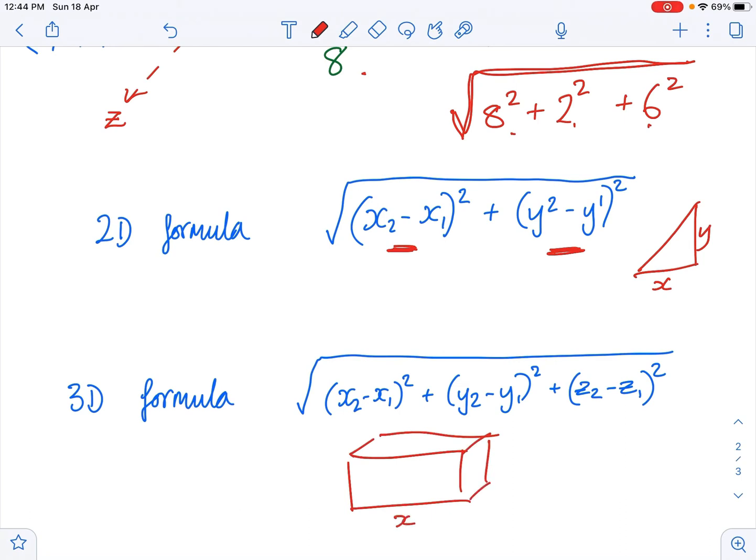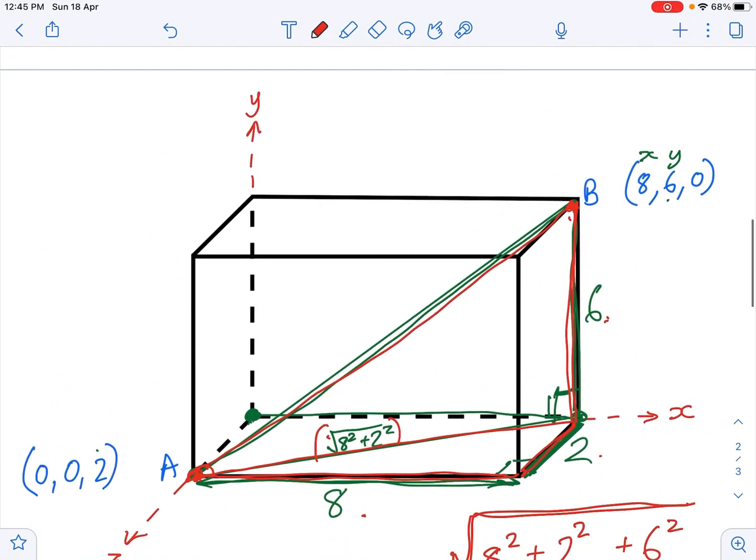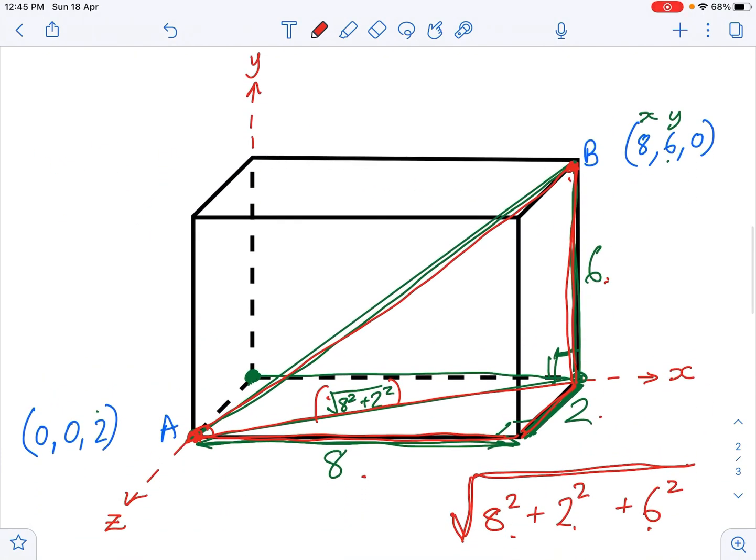Other than that, it's going to be basically the same. So you square the difference in the x, the difference in the y, the difference in the z, add them all together, and then square root that answer. And that will give you the distance from one point to another in 3 dimensions.